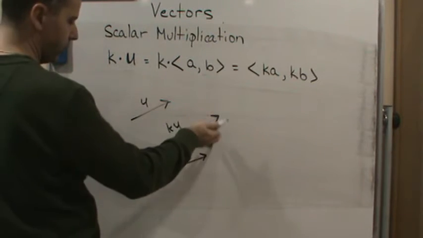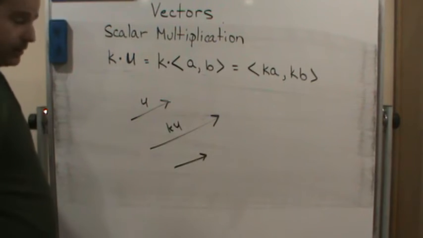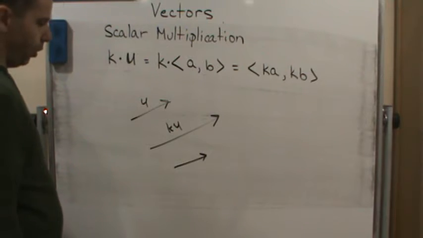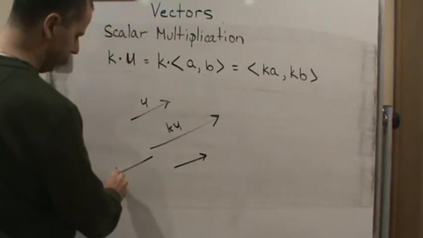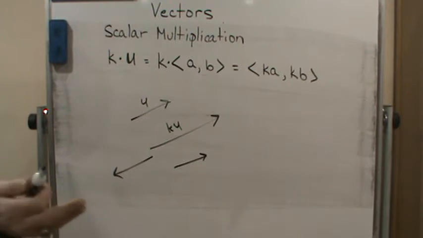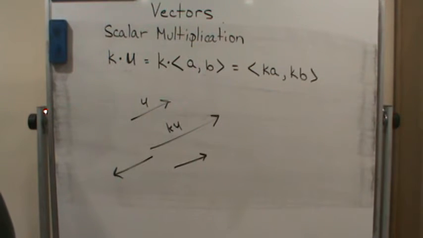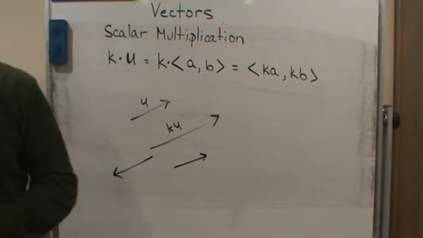If the scalar is bigger than 1, then you're making the vector longer. Or if it's negative, the resultant vector, if you will, is going to be going in the opposite direction. But it could still be longer or shorter. The magnitude is going to change. And again, that's how you do scalar multiplication.